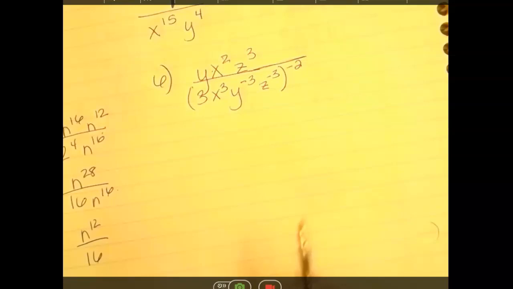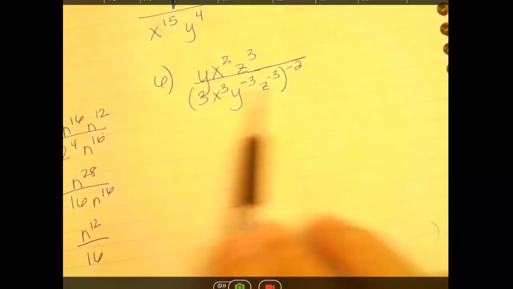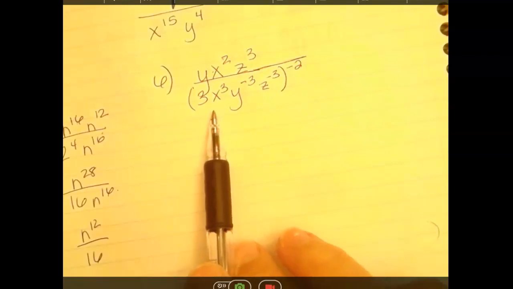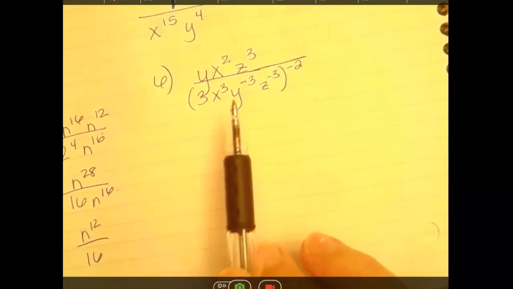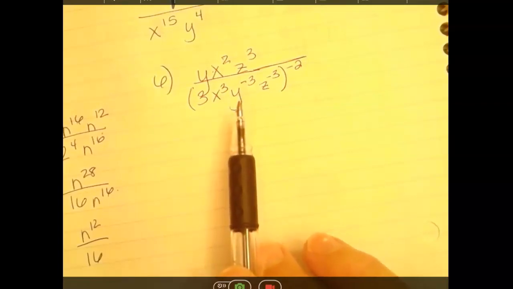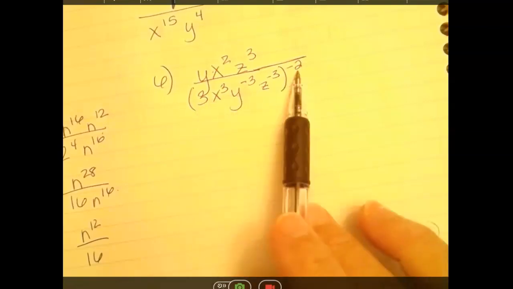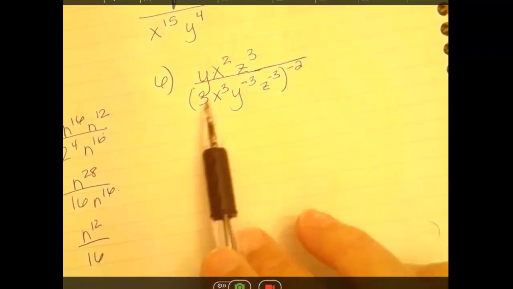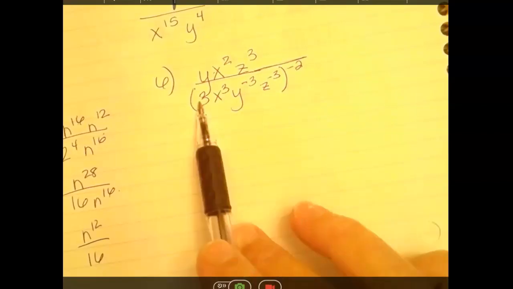So on the top, there's really nothing to be done. Down here, there's things that have negative exponents, and so sometimes when you have a negative exponent, it might be smart to relocate that thing before you start to try to do other things. In this case, all of these things in the parentheses have to go to the negative 2 power, which means I'm going to multiply each of these exponents with the negative 2, and I'm going to do 3 to the negative 2, right?